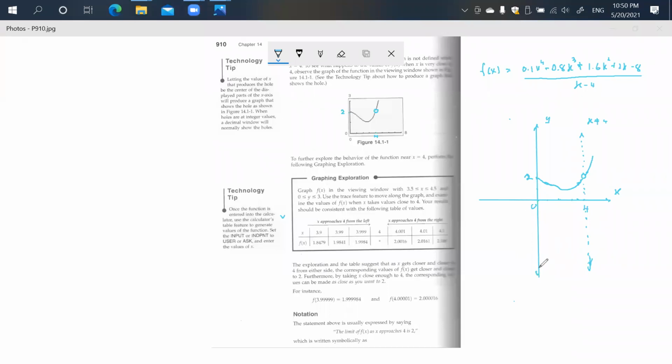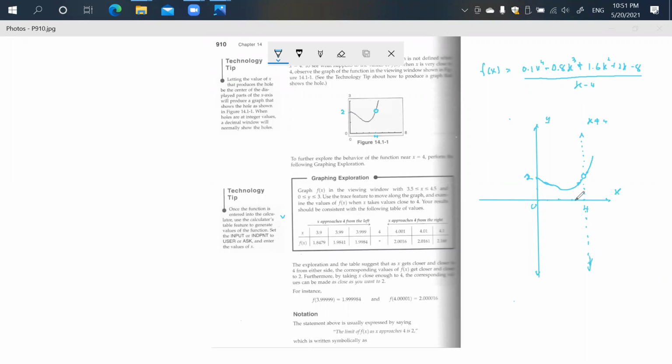If we replace x equal to 3.9, in here 3.9, this one 3.9, this one also 3.9, when it comes out, you will get the value of y or f of x, 1.8479.